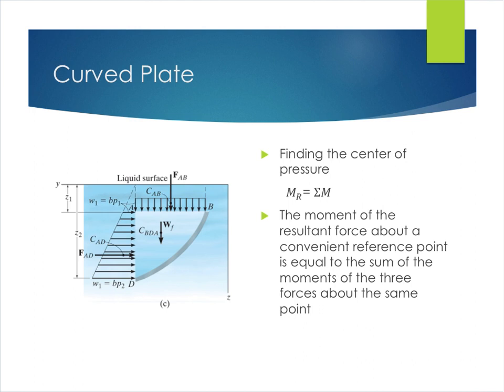This is where we would talk about that. We could use point D as our pivot point, and we could talk about the moments due to each one of these forces, add them all up. That would be equal to the resultant force times the moment arm, and we could find that. All right, so that finishes up this material.